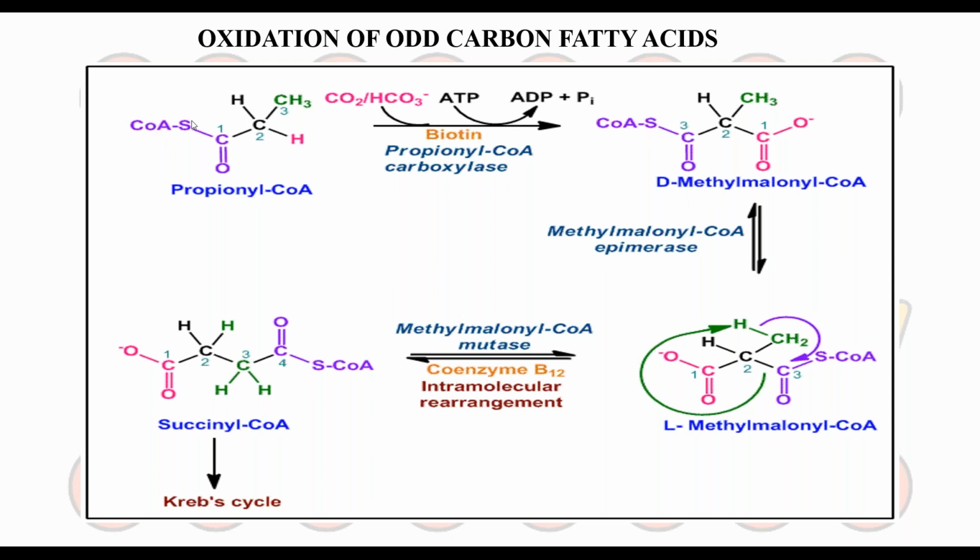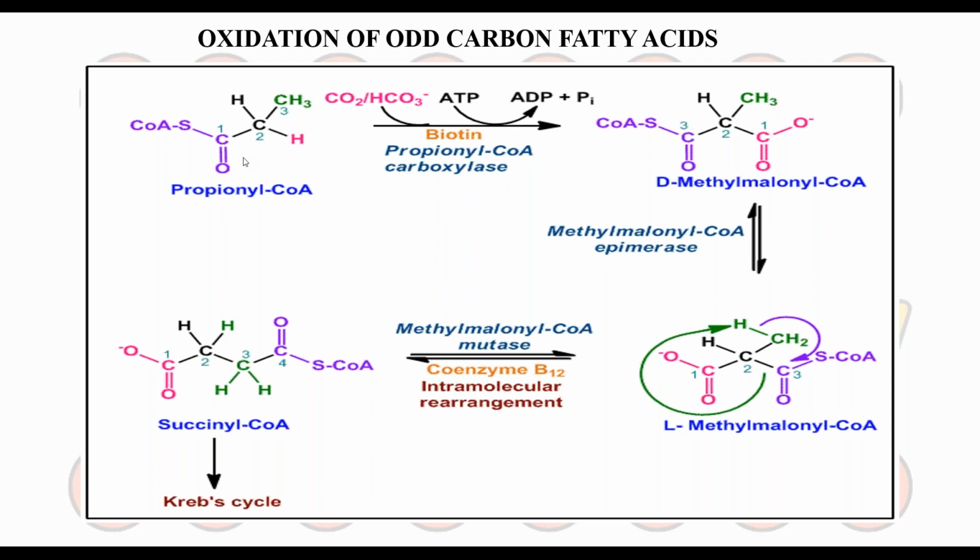Okay, so what happens is this propionyl CoA separately undergoes a reaction, and in this reaction what is formed at the end is succinyl CoA. So how is this succinyl CoA formed?